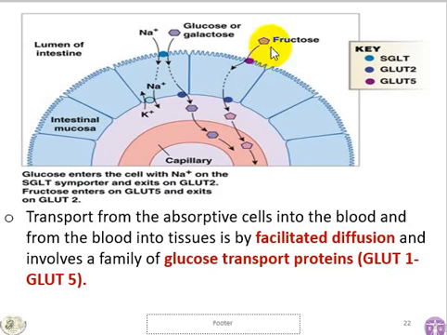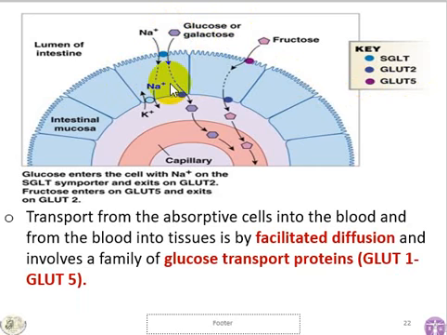This figure reveals the absorption mechanism of glucose, galactose, and fructose. As you see here, these are the keys: the sodium glucose transporter, the dark blue is glucose transporter 2, and the purple circle is glucose transporter 5. So the glucose or galactose will enter the intestinal mucosa by active transport with the sodium.